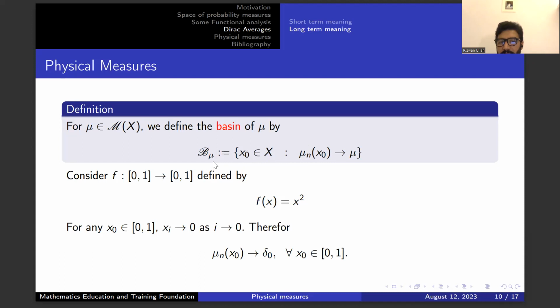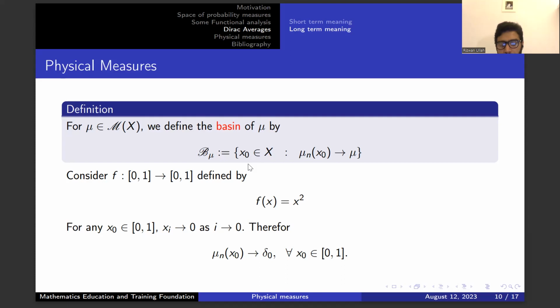So the basin of attraction associated to a probability measure mu is the set of all those points in the space X such that the Dirac averages associated to that point converge to that measure mu. And of course, the convergence of the measures is always in the weak star sense.